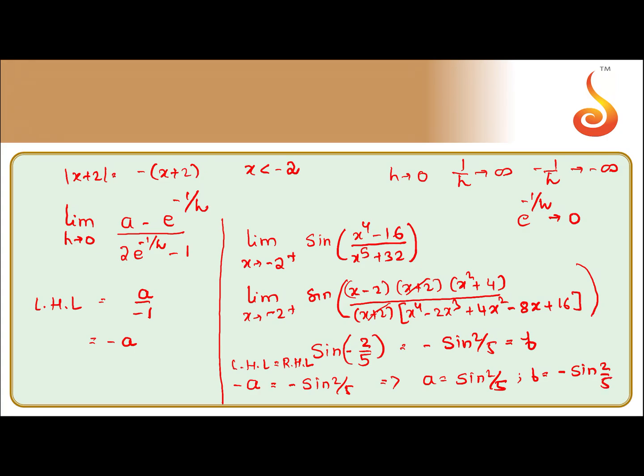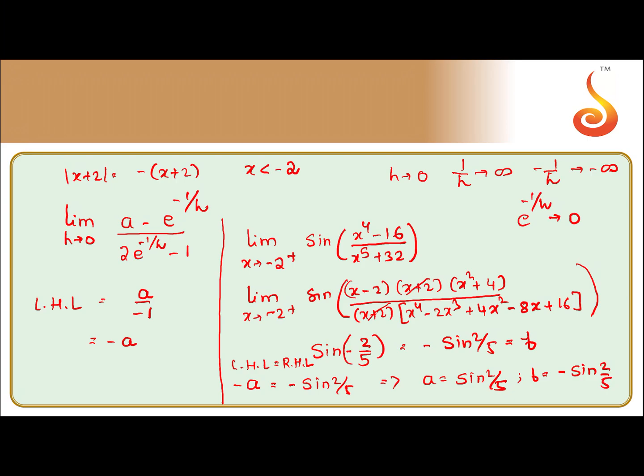In this particular problem, only factors is very, very important. Because x to the power 4 minus 16 is x minus 2 into x plus 2 into x square plus 4. x to the power 5 plus 32 factors is x plus 2 times x to the power 4 and so on; powers of x will decrease and powers of 2 will increase, with plus or minus sign. When we substitute x equal to minus 2, we get sine of minus 2 by 5, which is equal to minus sine 2 by 5, which is equal to value of the function.